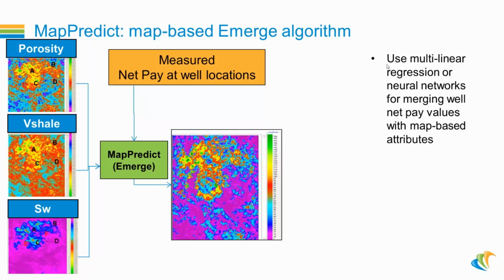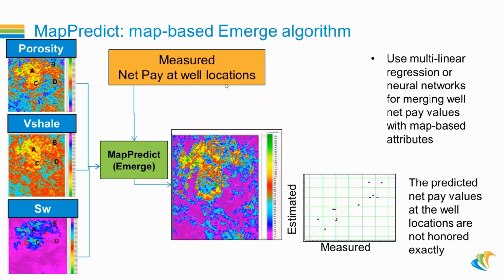Similarly to Emerge, we use a multilinear regression approach, rank the attributes and derive the best relationship that predicts my net pay values at the well location. So essentially we are merging the well information with the map-based attributes. We can also utilize neural networks in this case. In my example, I did not use neural networks, I used only multilinear regression.